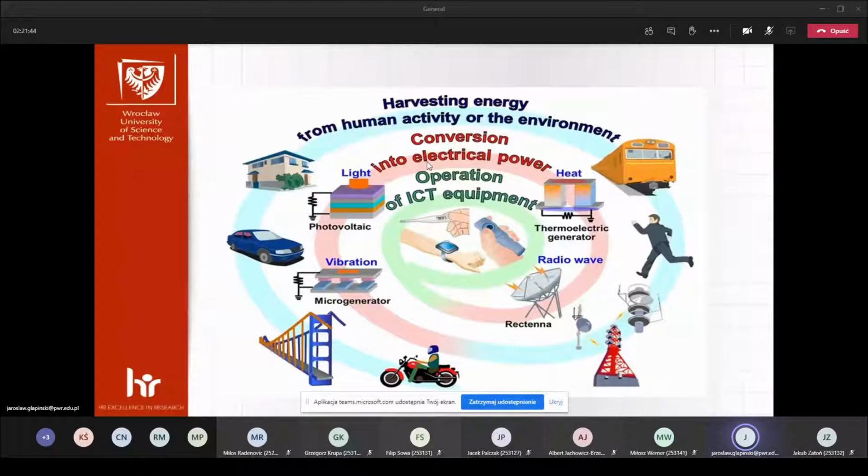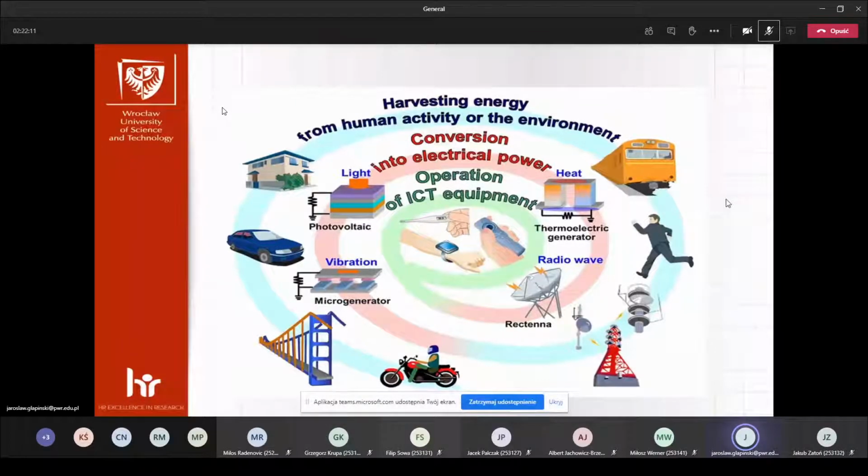So we try to harvest energy from, for example, human activities and our environment. If we are walking, we are shaking our body, shaking our hands, we are moving our hands. So in this case, we are doing work, as a matter of fact.